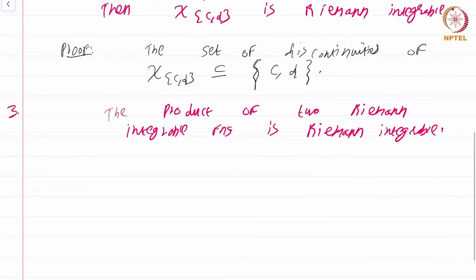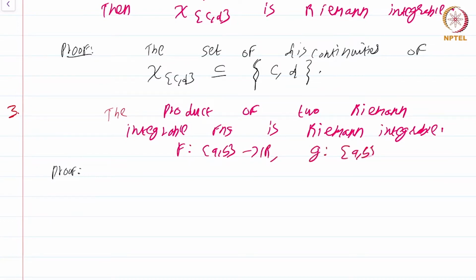The proof is not hard. Of course I must write where these functions are defined. f from [a,b] to R and g is also from [a,b] to R. Now proof. So obviously f times g is bounded.